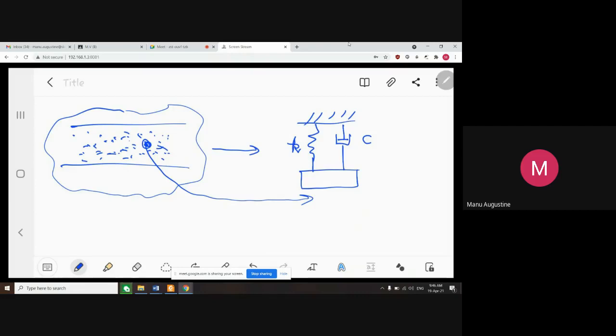Now, once you get a model like this, you can simply go on constructing the differential equation, finding the natural frequency and all. Now, what do we do when this thing occurs at an interatomic level?